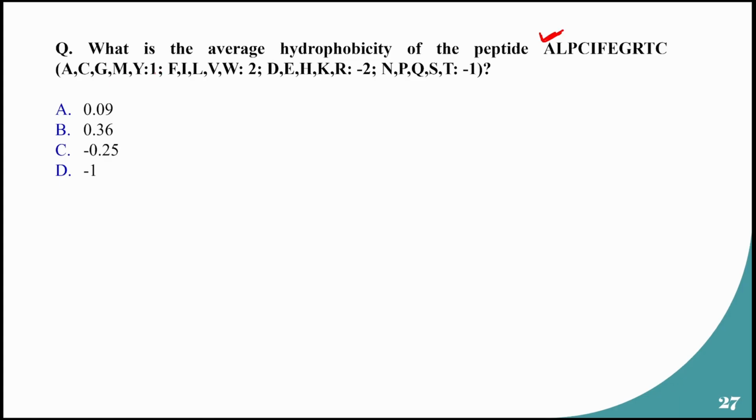A, C, G, M, Y all have a hydrophobicity value of 1. Then in this group we have 2, -2, and -1. So what will be the average hydrophobicity of this peptide? Let's quickly try to calculate.